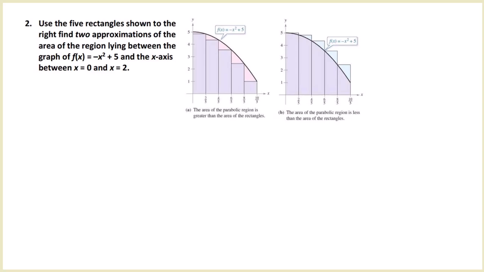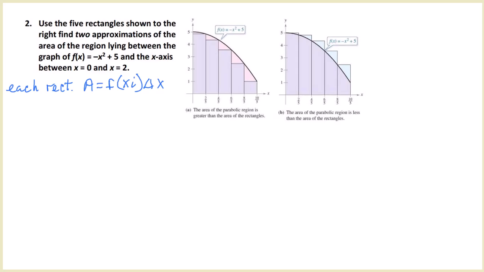And we want to find 2 approximations of the area, sort of like they did with the circle. Keep in mind that each rectangle's area is some value f of x for that little part, and we're using the right-hand corner of that rectangle.